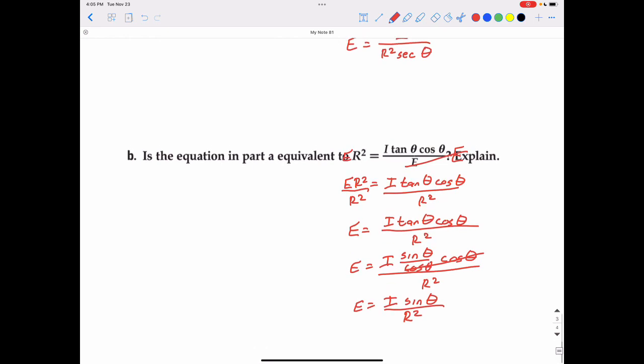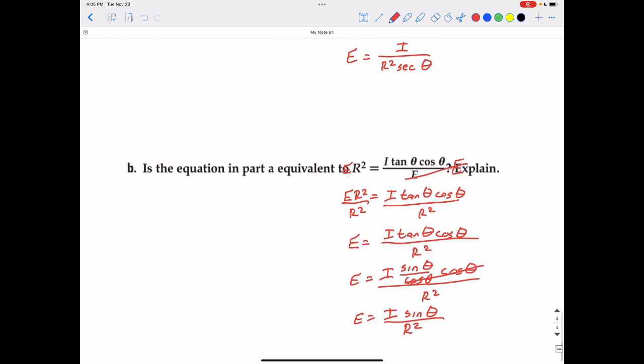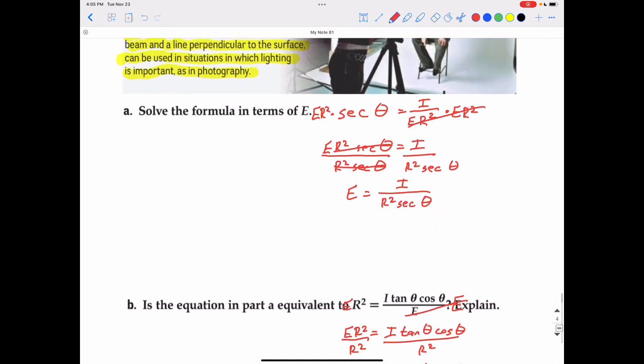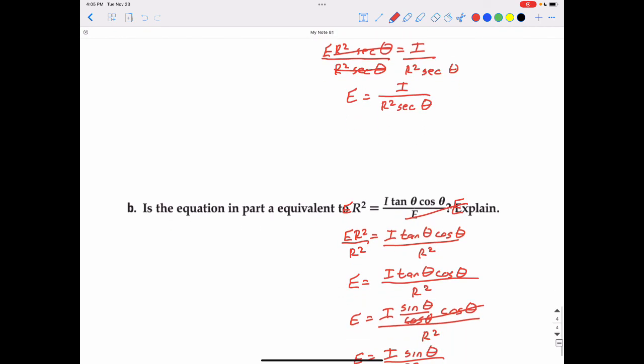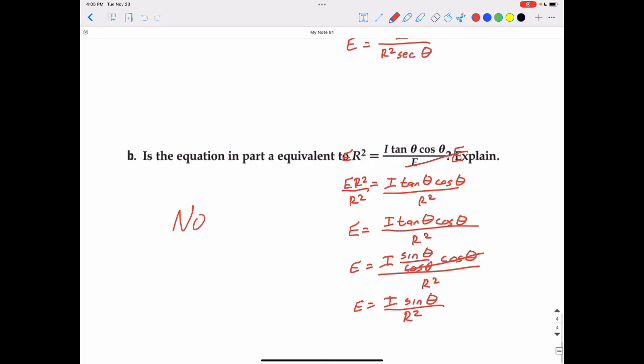So actually, the equation that we have here at the start of part B is not equal to the equation we ended up with in part A. So this is a no. They are not equivalent to each other. And the work here that I've shown is the explanation as to why they are not equivalent to each other.